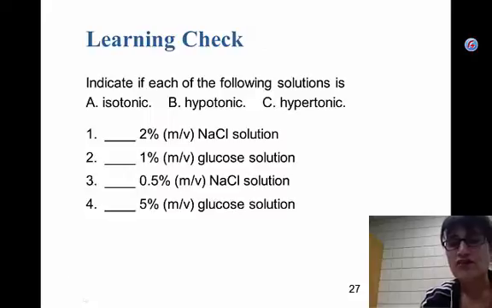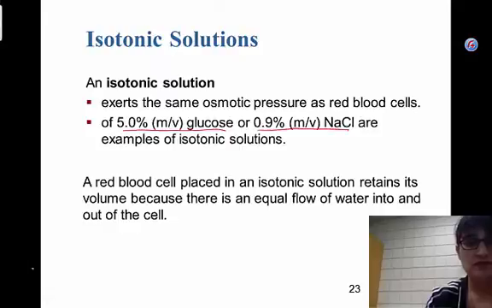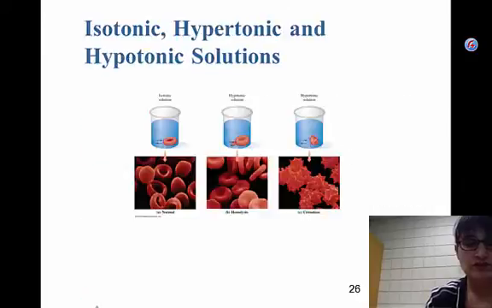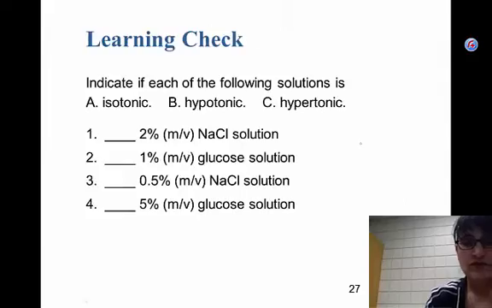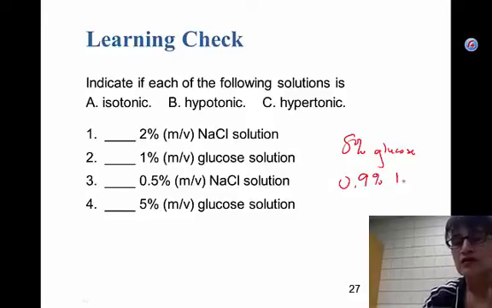All right, so we have to decide if the solution is isotonic, hypertonic, or hypotonic. So we need to go back and see what it meant to be isotonic. So 5% glucose or 0.9% sodium chloride. That's what it means to be isotonic.